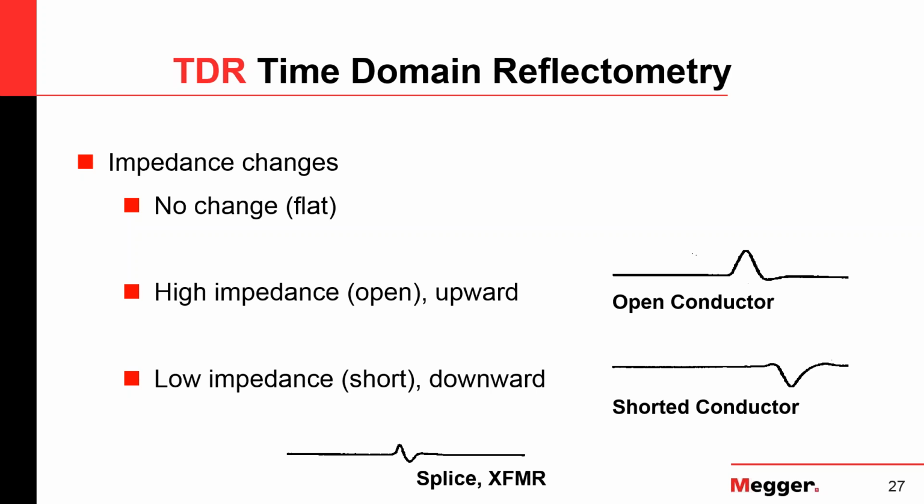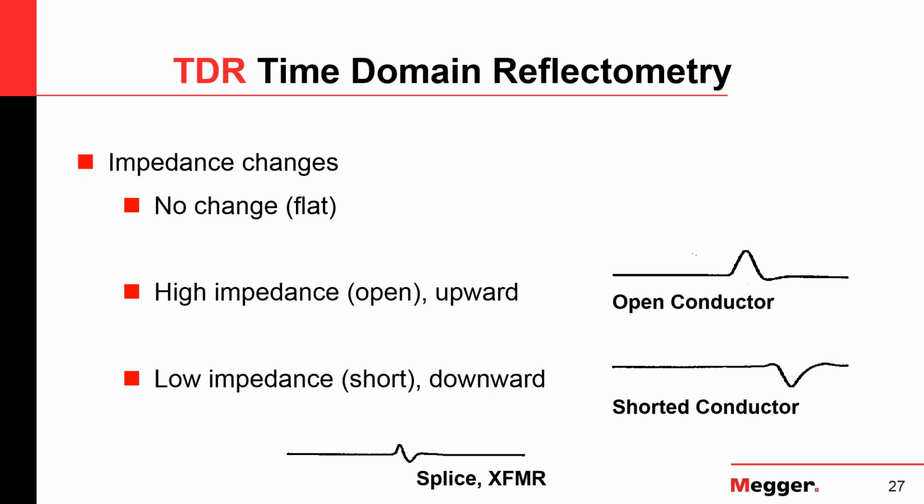If you have a high impedance situation suddenly, for instance, the distance between the two conductors is widening, or you hit the end of the cable, you will see an upward signature, an upward bump. If you have a low impedance situation, short, or the distance between the conductor and the concentric neutral is decreasing, you will see a downward signature.